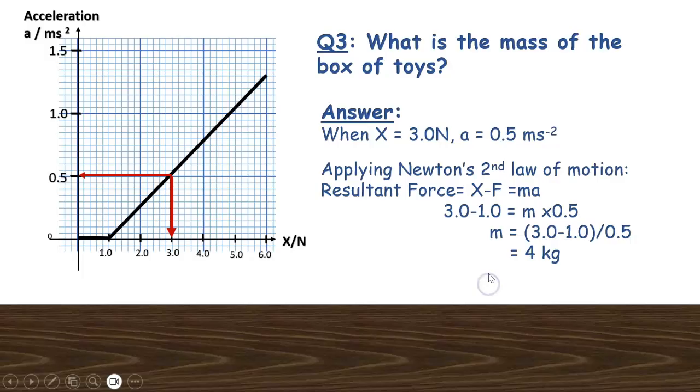The resultant force is calculated by X minus F, and that equals the mass times its acceleration. Since we know that F equals 1 Newton, when we substitute the values into this equation, we can calculate the mass to be 4 kilograms.